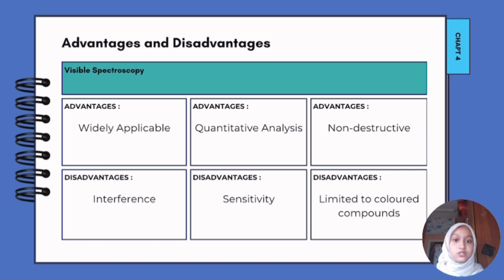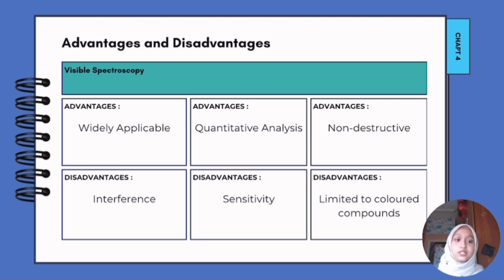However, it also has some disadvantages. The first disadvantage is interference. Samples with multiple absorbing species can produce overlapping spectra, making it difficult to resolve individual components. The second one is sensitivity.